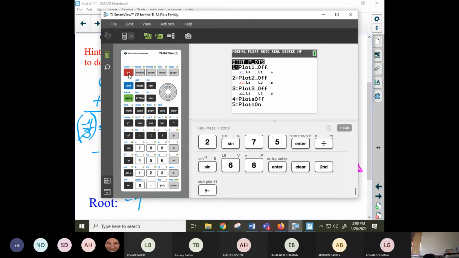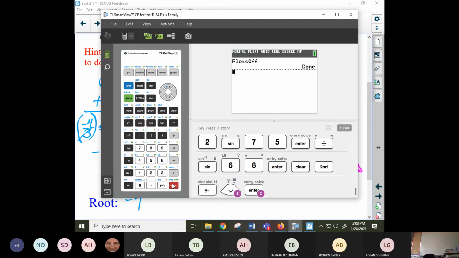So in this case, it's 4. You can either hit number 4 and hit enter, or you can use your down arrow, go down to the one that says plots off, hit enter, and it's going to come up to this screen, but it's not turning them off yet until you hit enter again and it says done.